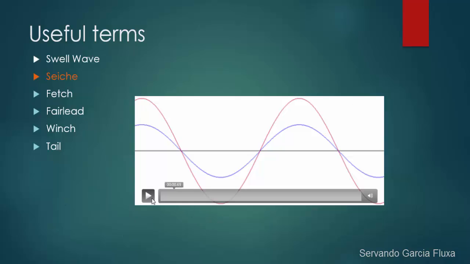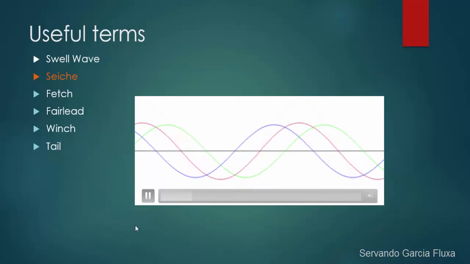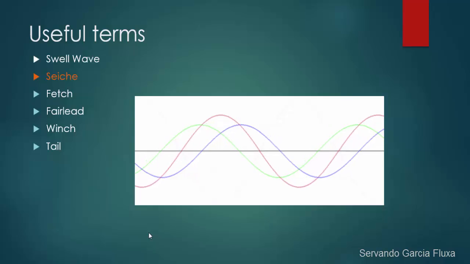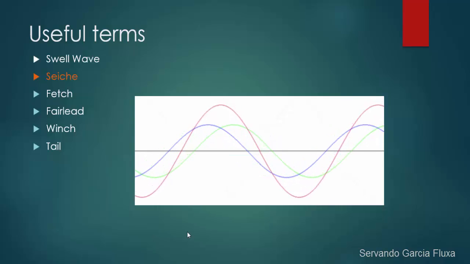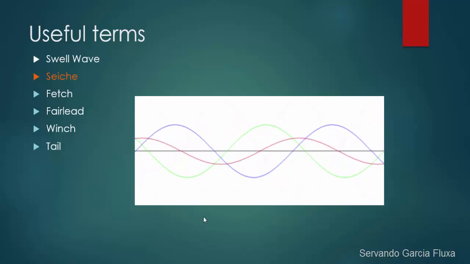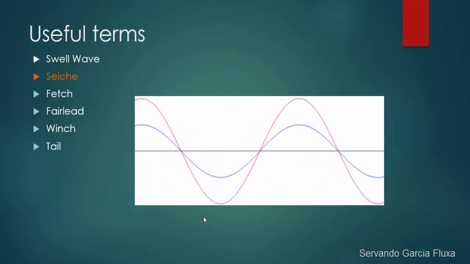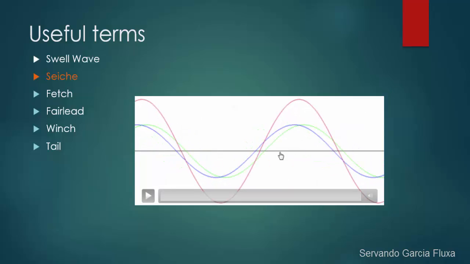As you can see, there are points that do not move up and down, but then there are points where the amplitude is twice that of a single wave. So if you're in a harbor or in a port, you have to take this phenomenon into account, because if the ship is not in a node, and it's in the place where the amplitude is double, then you're gonna have trouble.